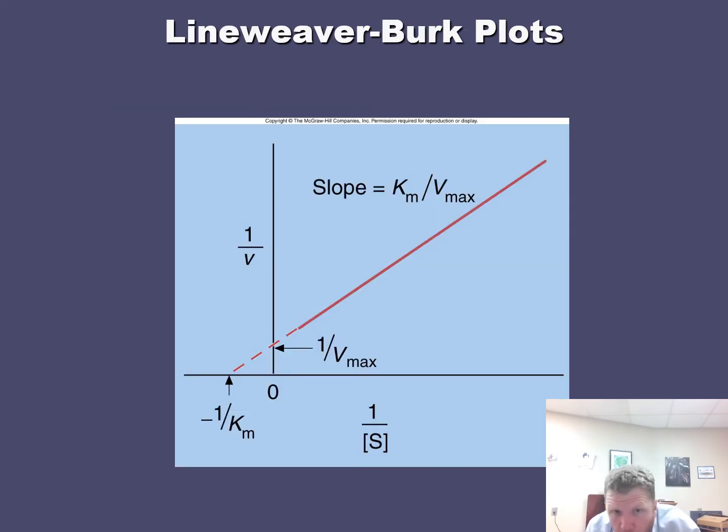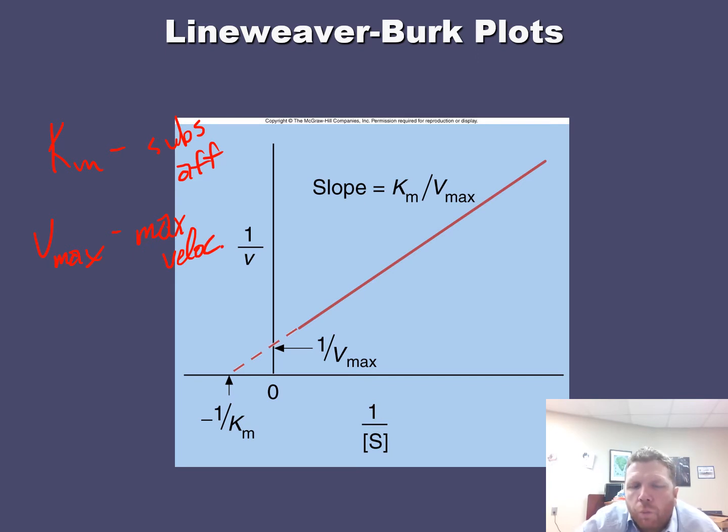Our Lineweaver-Burk plot is shown here, where we have on our y-axis 1 over our velocity versus on our x-axis 1 over our substrate concentration. What we see with that is ultimately our Km and our Vmax, where Km is our substrate affinity and Vmax is our enzyme's maximum velocity.